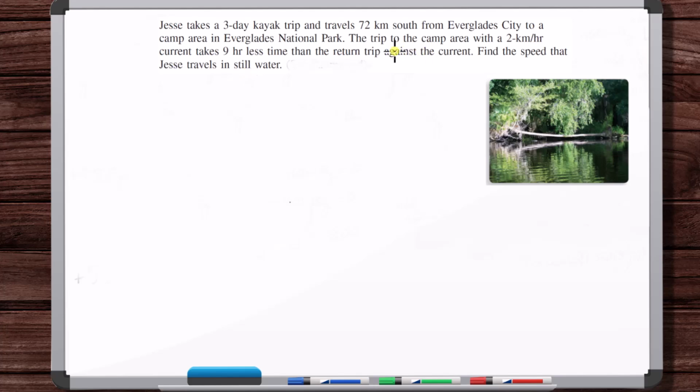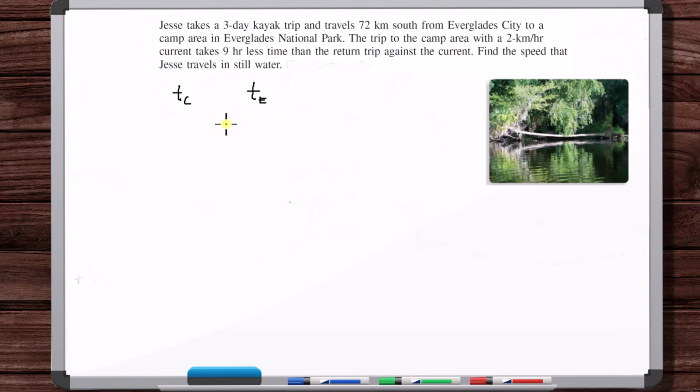Okay, so the information they give us is the total time traveled to the camp and then back from the camp area. So we'll say that TC is the time to the camp area, and TE is the time to go from the camp area to Everglades City. So he's going from Everglades City to the camp area in Everglades National Park, and then the return trip is from the camp area back to Everglades City.